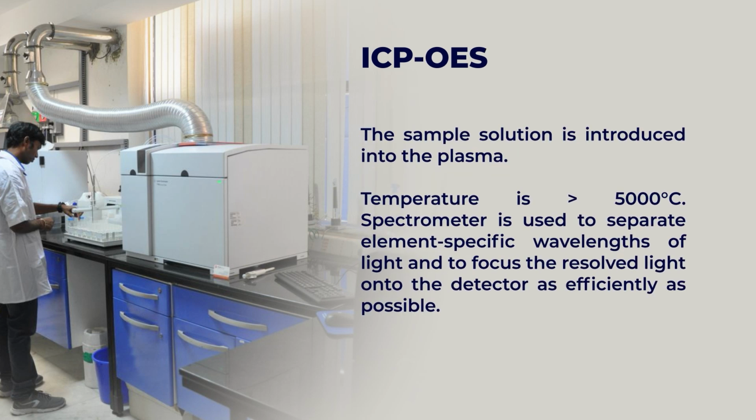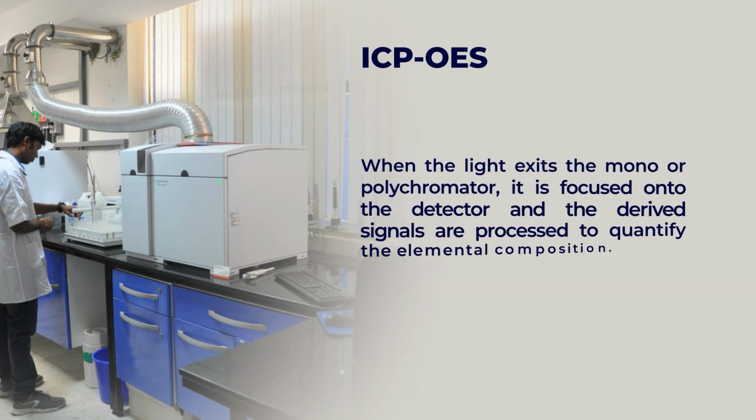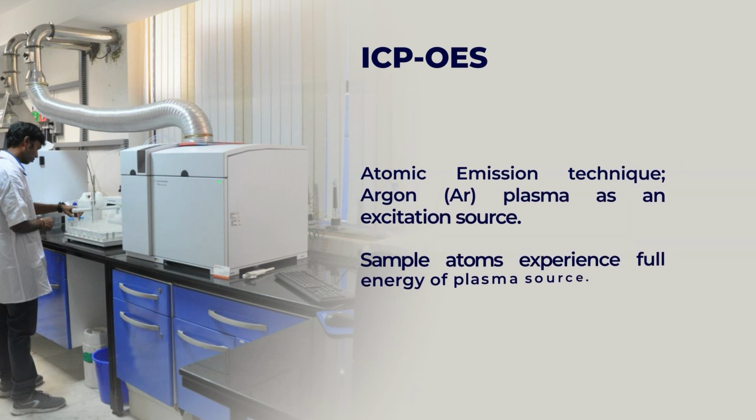Wavelength of light is used to separate element specific wavelengths of light and to focus the resolved light onto the detector as efficiently as possible. So when the light exits the mono or polychromator, it is focused onto the detector, and the derived signals are processed to quantify this.